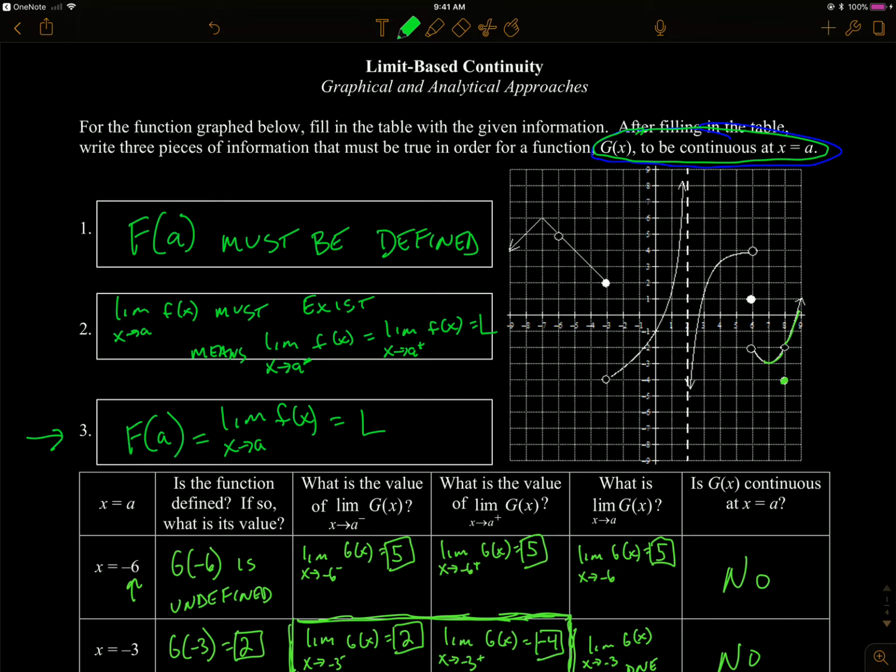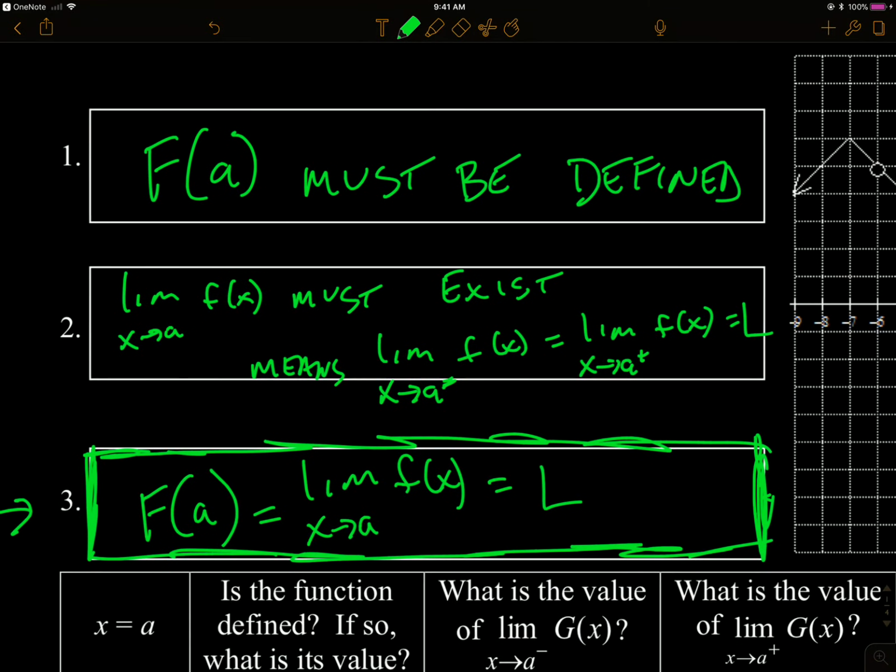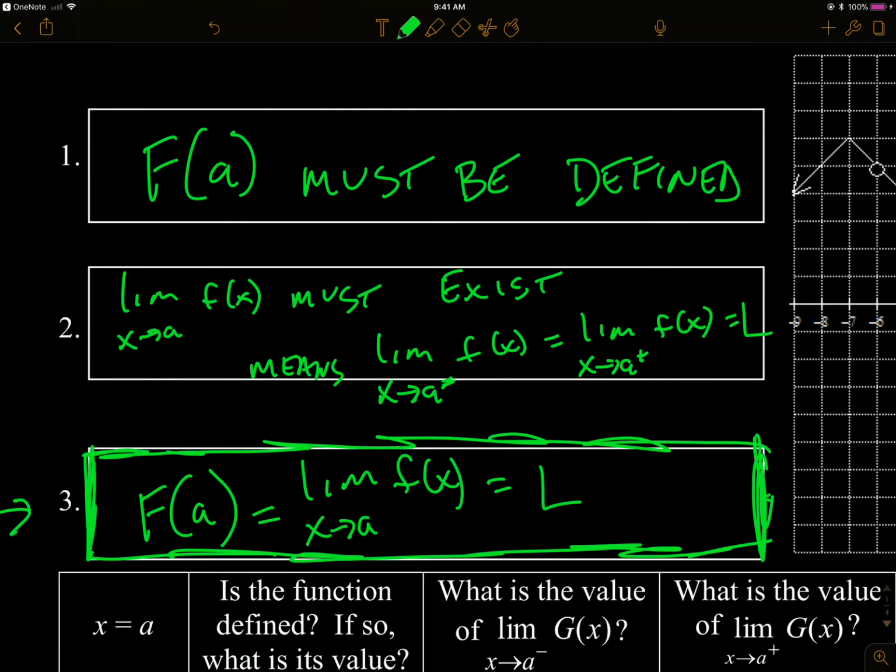So the 3 criteria really can be summed up nicely in one. If you make this statement, you're implying the first 2 already. If the 2 things are equal, then that means f of a must have been defined and the limit must have existed. Okay? That's our 3 criteria for a function to be continuous at a point.